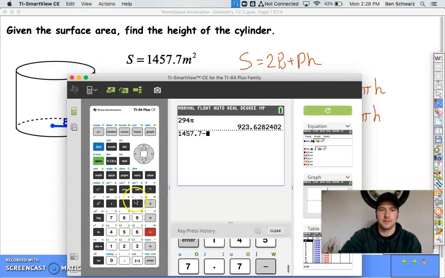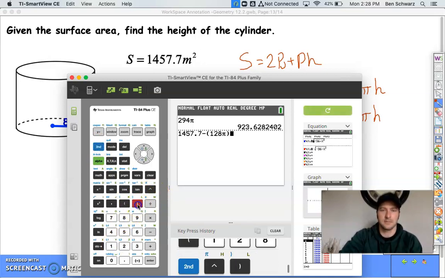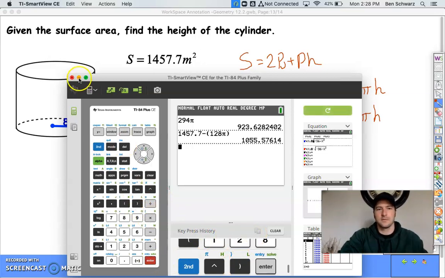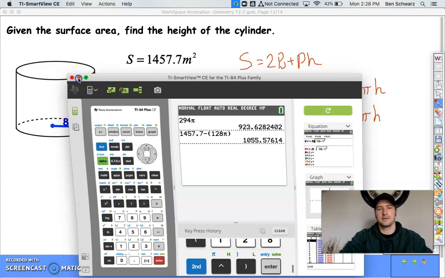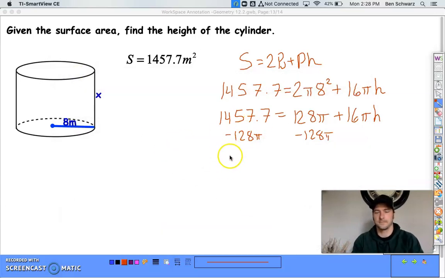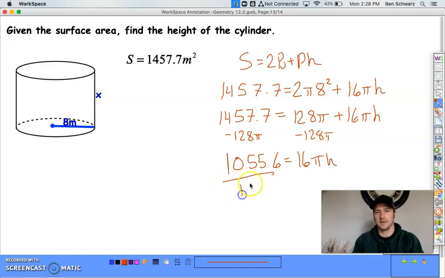minus, and let's put this in parentheses, 128 pi. So that's going to get us 1055.6. That's going to equal 16 pi h. So then the last step is to divide everything by 16 pi to get our height.